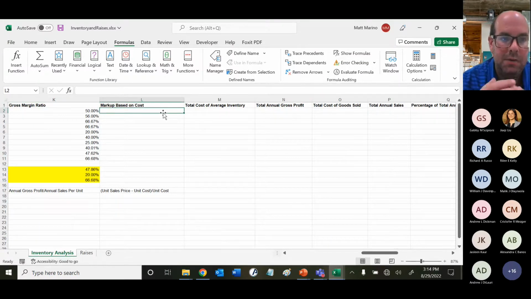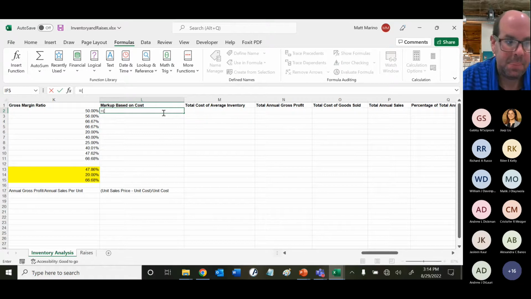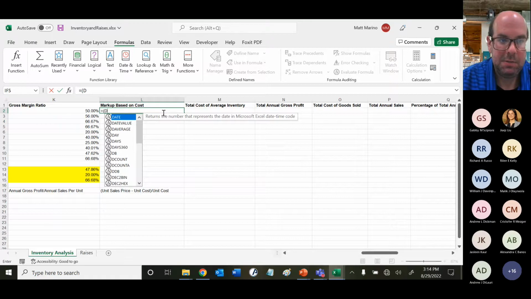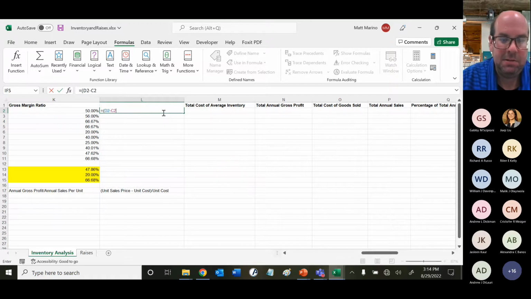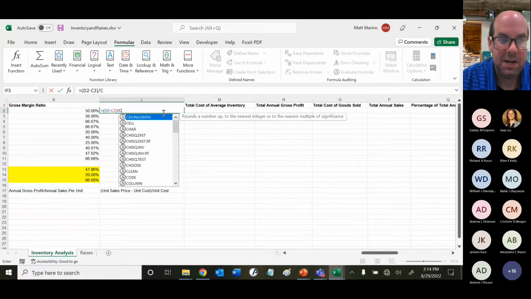Okay, so the last formula we're given is for markup based on cost. It's inside parentheses, unit sales price minus unit cost divided by unit cost. So similar to what we were doing with our raise formulas. So this would be D2 minus C2, close parentheses, divided by C2.